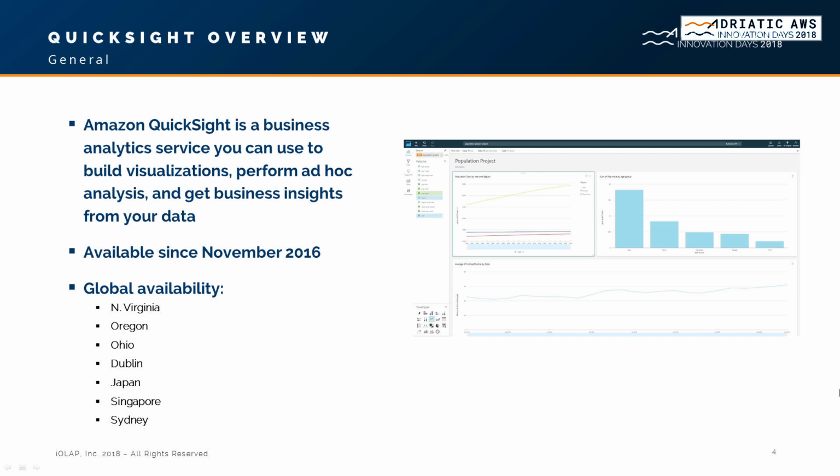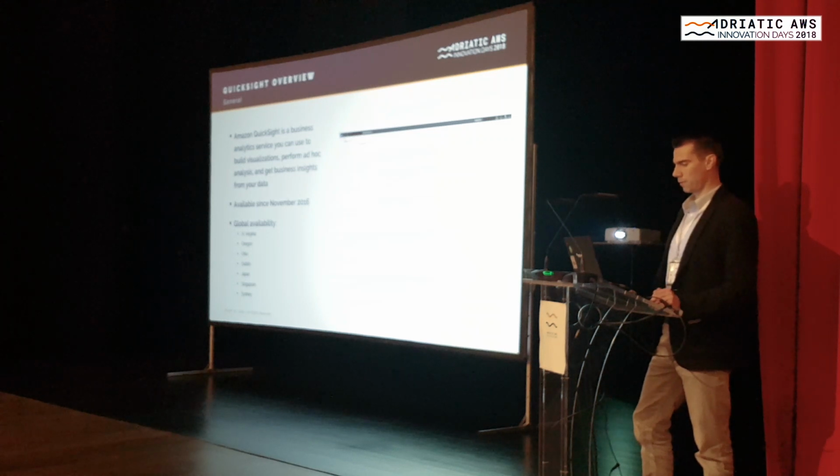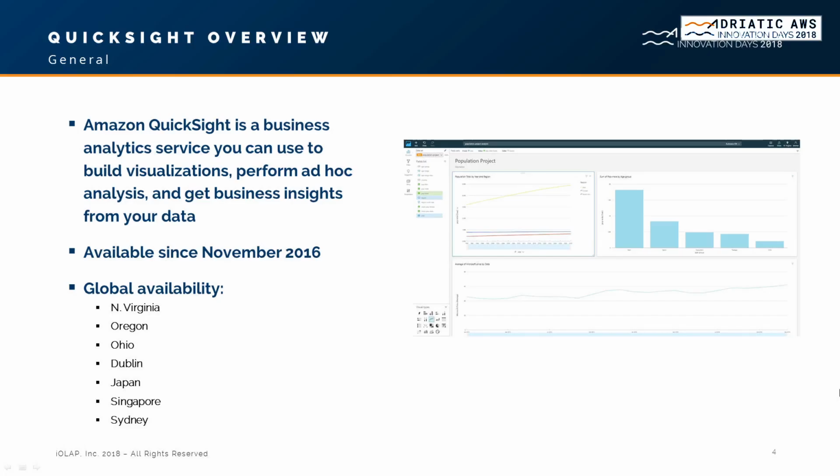You can import a CSV file or Excel file, or you can connect to various AWS services. You can get your answers fast. You can create visualizations on a large data set, and you can tell a story with your data. You can create dashboards and point-in-time visuals and share them with your users.